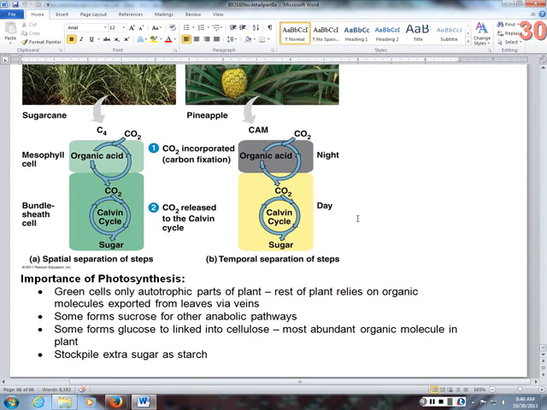And they'll just stockpile extra sugars as starch. So again, the main thing it makes is glucose, but just like with respiration and what we eat, it's not only glucose; we eat a variety of sugars that get converted to glucose, and that glucose gets converted into a variety of other sugars.